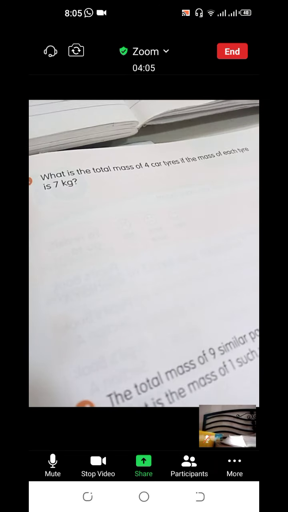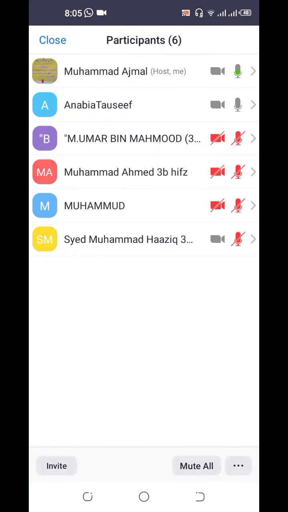Yes, beta, this is page 125 of activity book and question number 13. Yes, can anybody explain the question and solution? Who will explain this question?